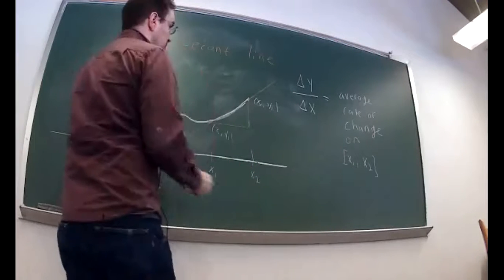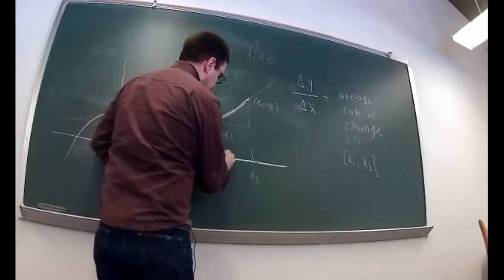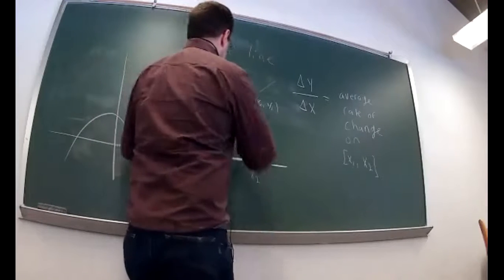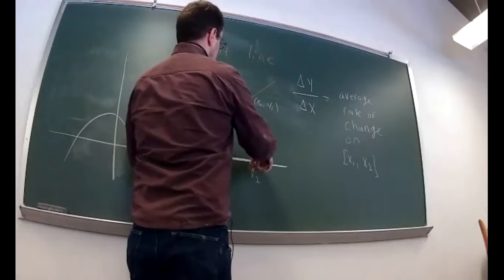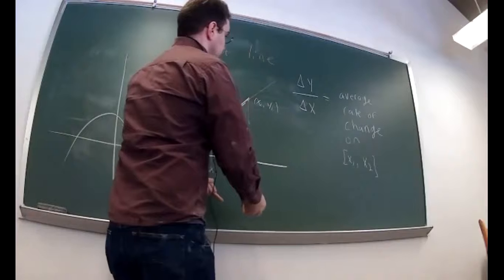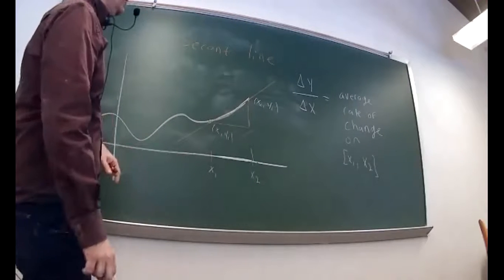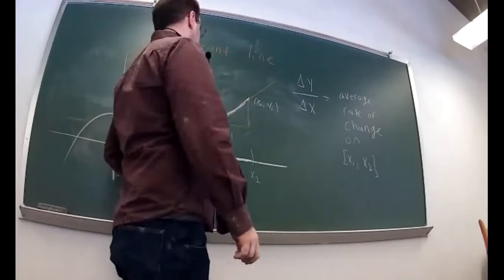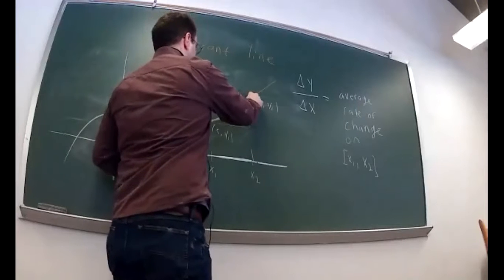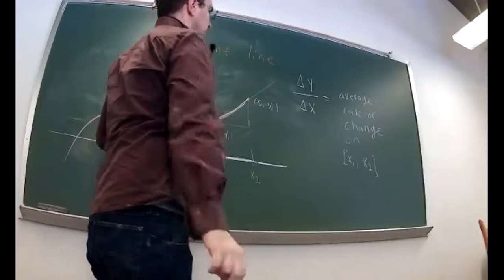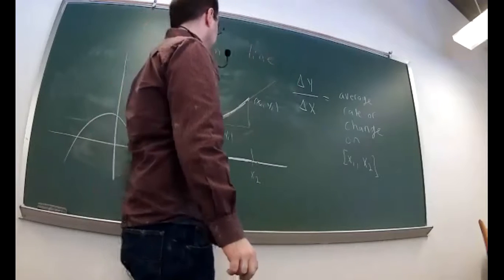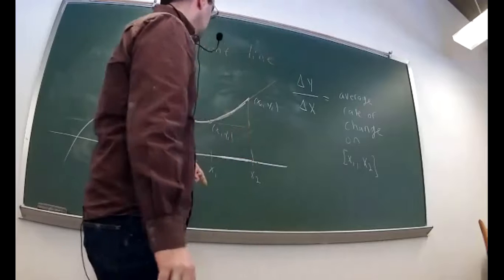The idea is that here's an interval from x1 to x2 on the x-axis. You're looking at this portion of the graph over x1, x2, and asking, on average, how much is that y value changing? You figure that out by taking the y value here, subtracting the y value there. That's delta y, and then dividing by x2 minus x1. So the change in y divided by the length of the interval.